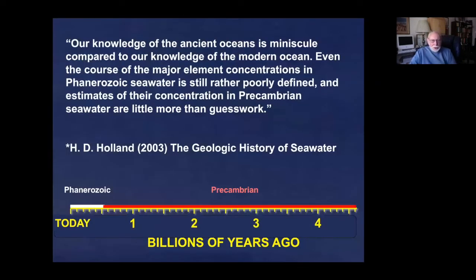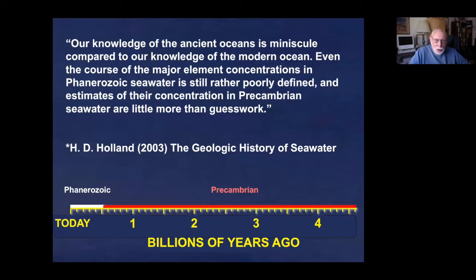I think the best statement I read on the origin of the salt in the oceans came from a book on the geologic history of seawater. Our knowledge of ancient oceans is minuscule compared to our knowledge of the modern ocean.